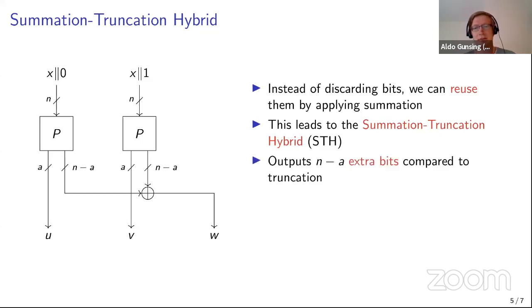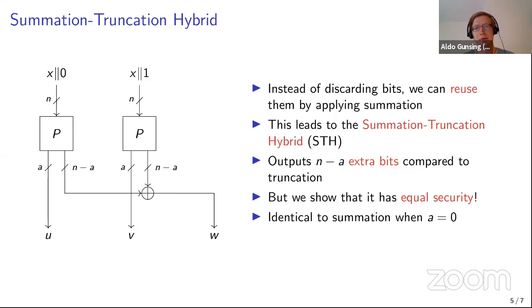This means that we get n-a extra bits compared to just the truncation construction, but we show that it has equal security to the truncation construction. So we basically get those extra bits for free, because we do not have to trade security for those extra bits. And we also see that it is identical to the summation when a is equal to 0, so we can actually see it as a generalization of summation.